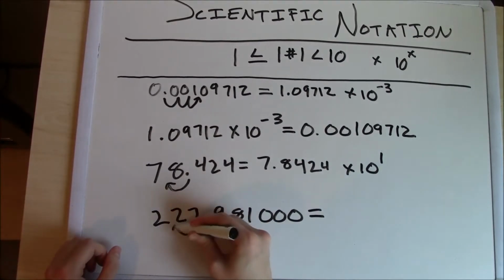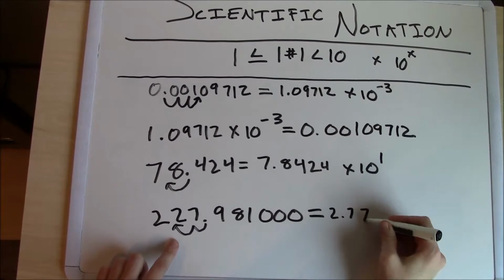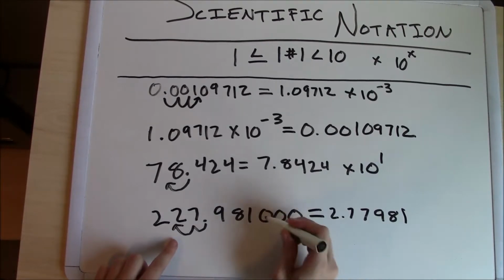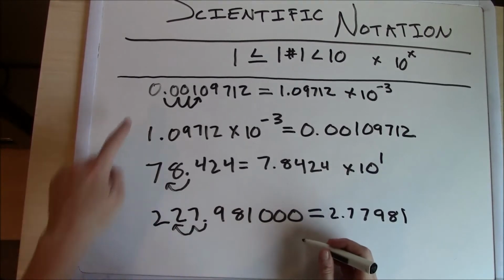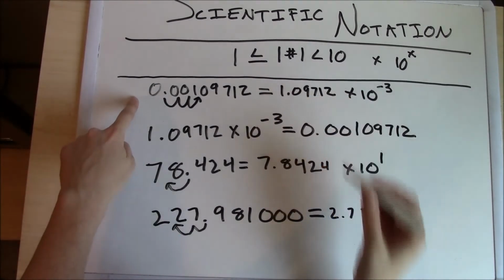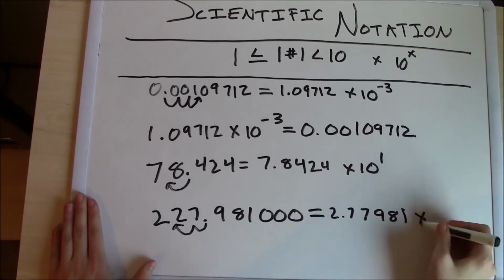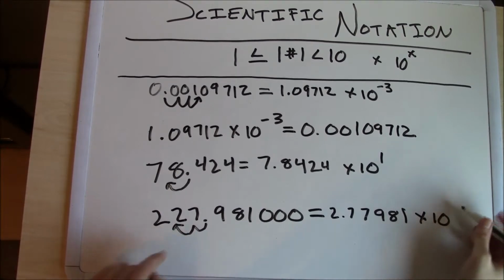So 2.27981. Well, what about these zeros on the end? Are they significant? No. We're making this number as little as possible, so we're not even going to worry about those zeros. Like, we don't worry about the zeros in the front when we convert, we're not worrying about the zeros in the back. So this is going to be times 10. This is a large number, so it's going to be a positive 2.